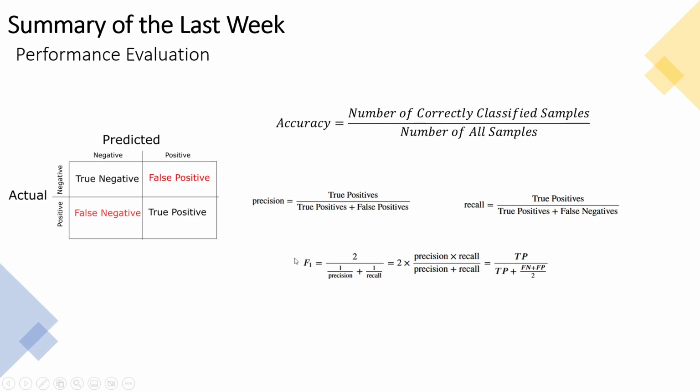But if your precision is low, for example, then even if your recall is high, you will not be able to get a high F1 score. F1 score is basically the combination of precision and recall.